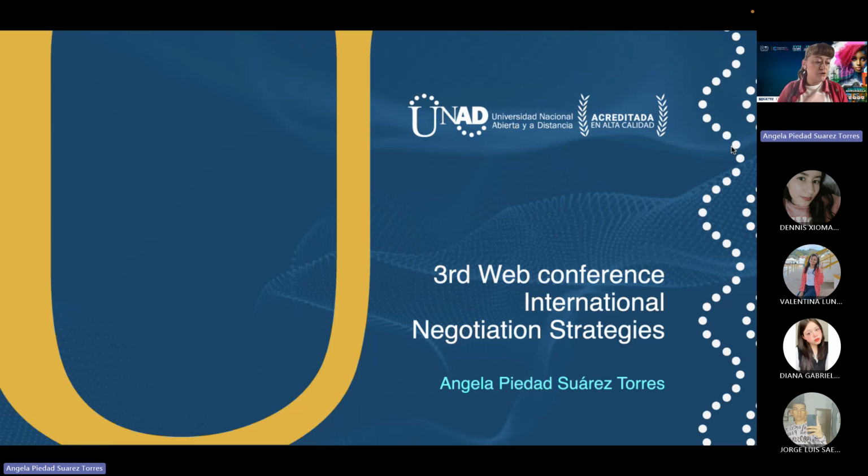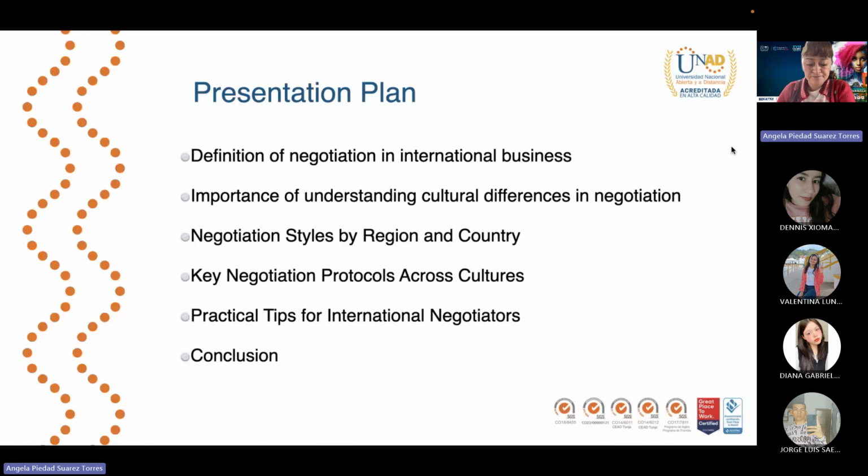The subject that we're going to talk about today is a bit of everything that we've seen. We're going to talk about the styles and protocols of negotiation by country. So what are we going to talk about? First, a definition of negotiation in international business.